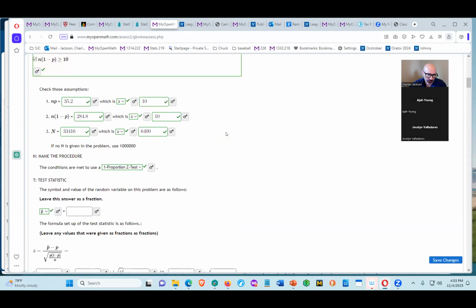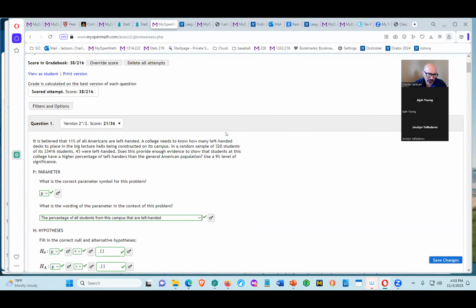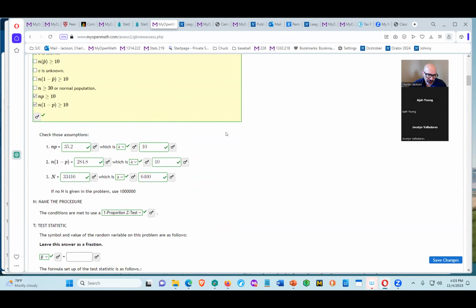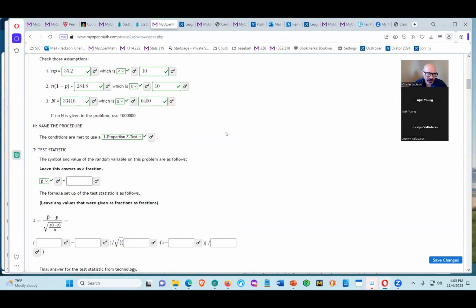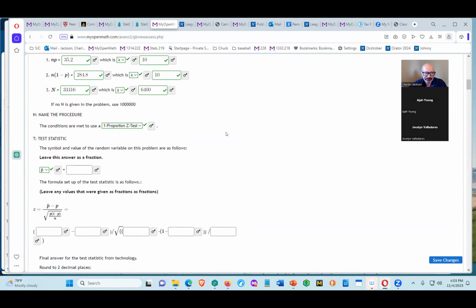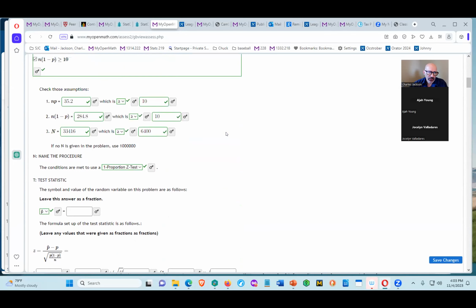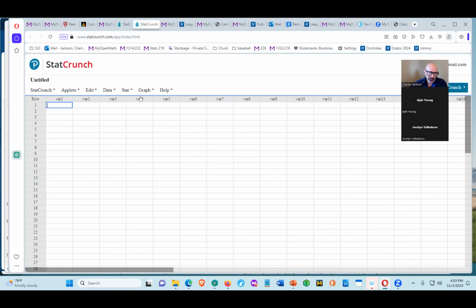All right, so you said 7.2 homework? That's the one. But as you can see, for my test statistics, I couldn't figure out how to do the p-hat because. Okay, well let's look at that. So we're testing for proportion.